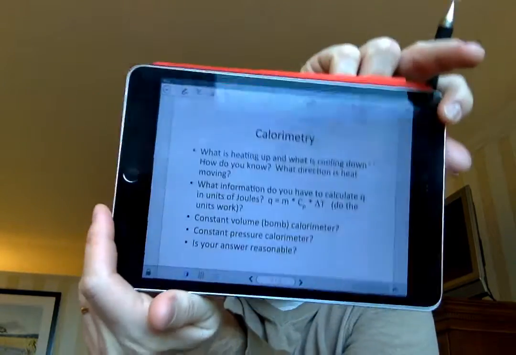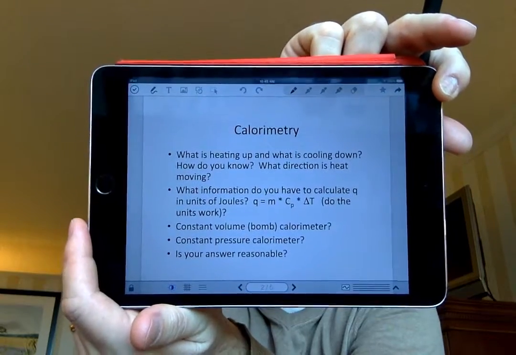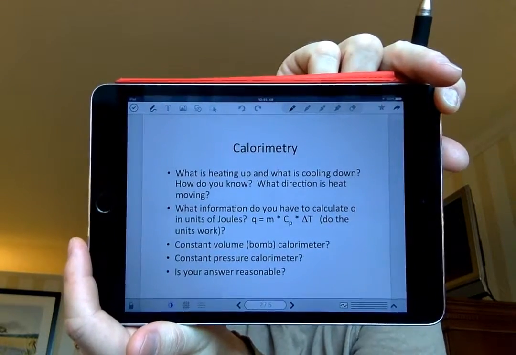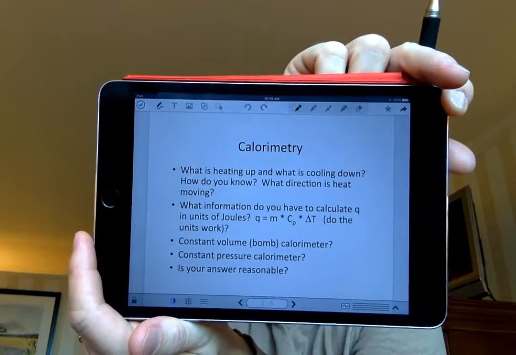Do we have a constant volume calorimeter or do we have a constant pressure calorimeter? And you should know the difference between those two different types of calorimeters and what information they give you. And is your answer reasonable? So if there's a heat transfer problem, you should be able to bound the temperature change of the different phases at a reasonable level and make sure that you go back and check.